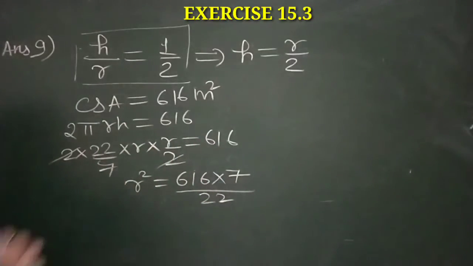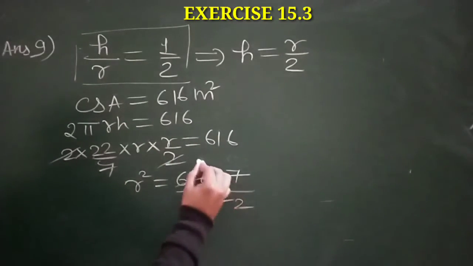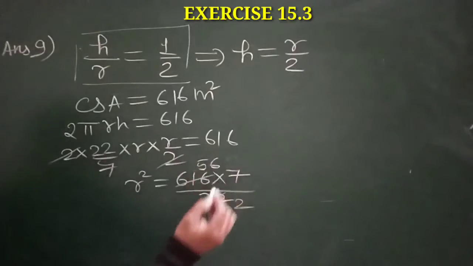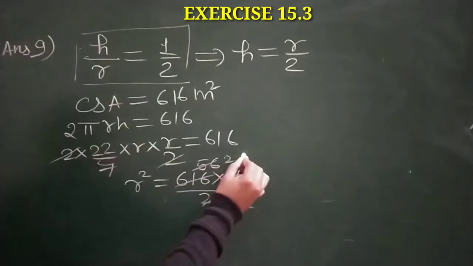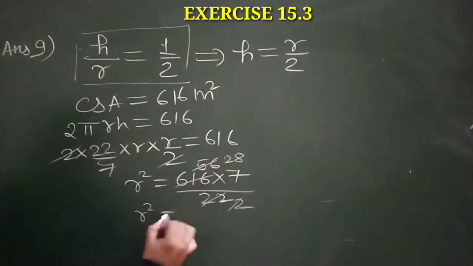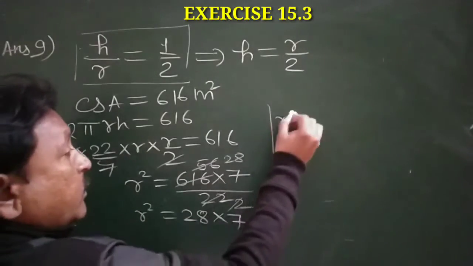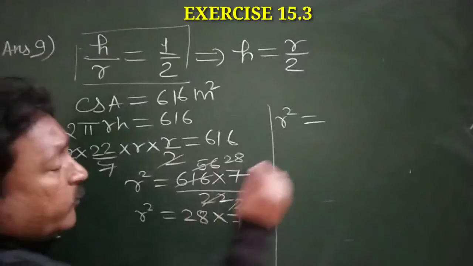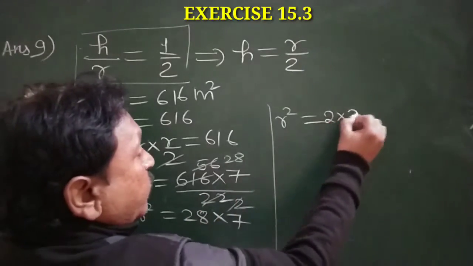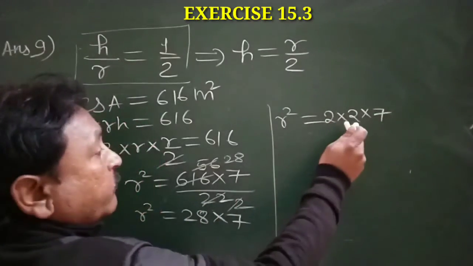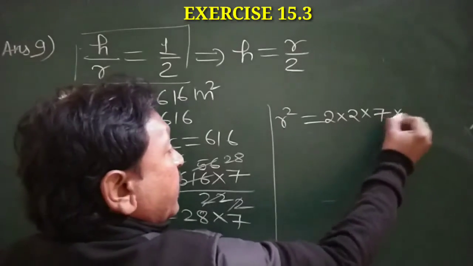Now we have to solve it. 11 2s are 22, 11 5s are 55, 11 6s are 66. 2 2s are 4, 2 8s are 16. So R square is equal to 28 into 7. Now we have to do the factors of 28. It will become 2 into 2 into 7. 2 2s are 4, 7 4s are 28, into 7.